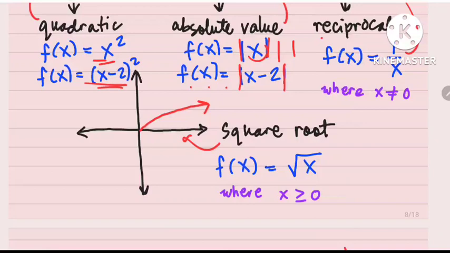The simplest square root function is f of x is equal to square root of x, where x should be greater than or equal to 0. That means your x should be positive. Because if you have a negative number inside the square root symbol, then it will become imaginary, because the square root of a negative number is not a real number.